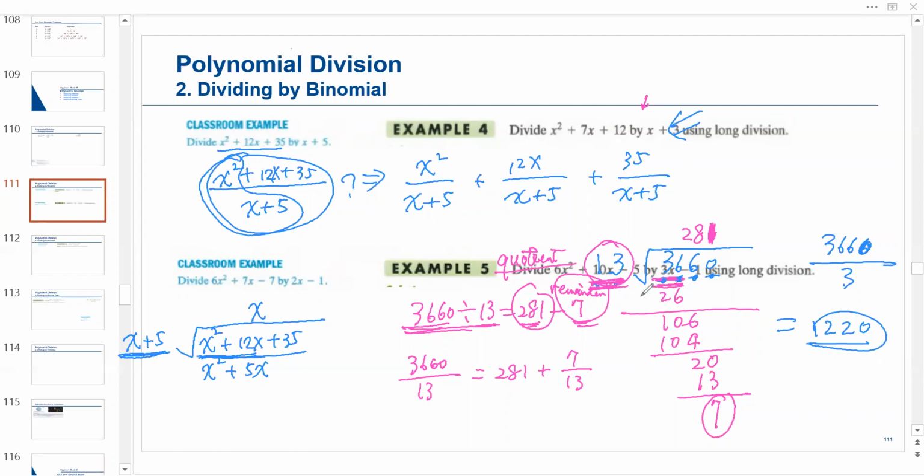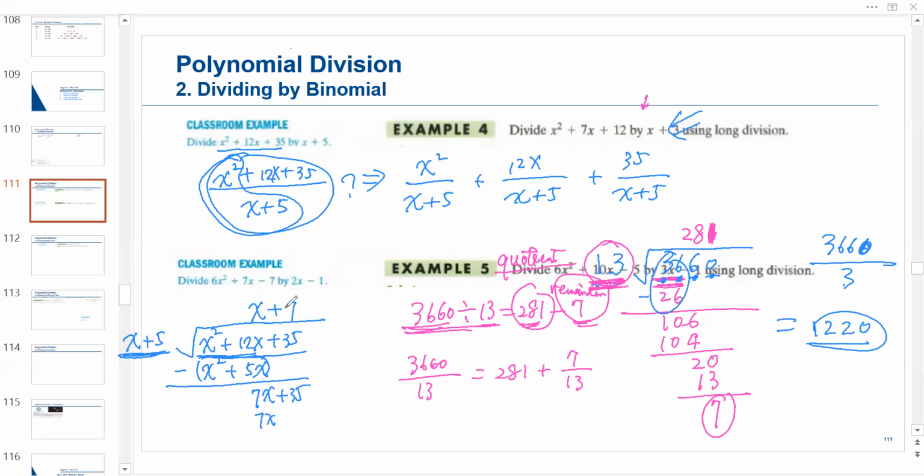So actually you can see here is 36 minus 26. You got a 10 here. The same here we will do top minus bottom, right? So here it became 0, right? Here it became 7x, 12x minus 5x is 7x, plus 35. So okay, we need to find another number times this one, very close here. So we need 7 times what equals 7x, 7x plus 35.